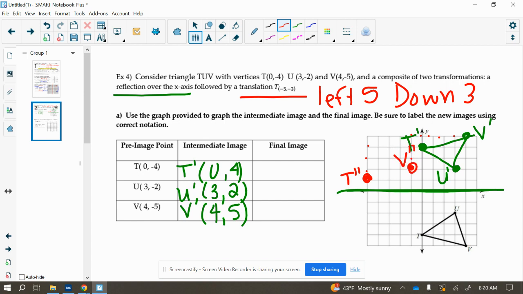And then finally, U goes to the left 1, 2, 3, 4, 5, down 1, 2, 3 for U double prime. So we end up at -5, 1 for T double prime. U double prime is at -2, -1. And V double prime is at -1, 2.